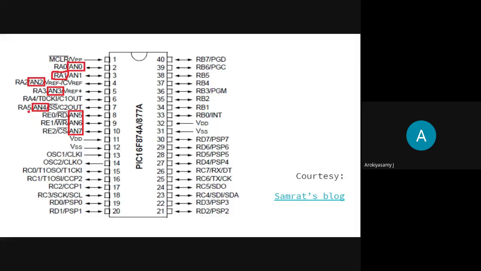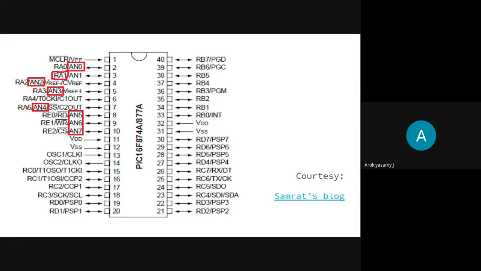Totally 6 pins are allotted for port A: RA0, RA1, RA2, RA3, RA4, RA5.